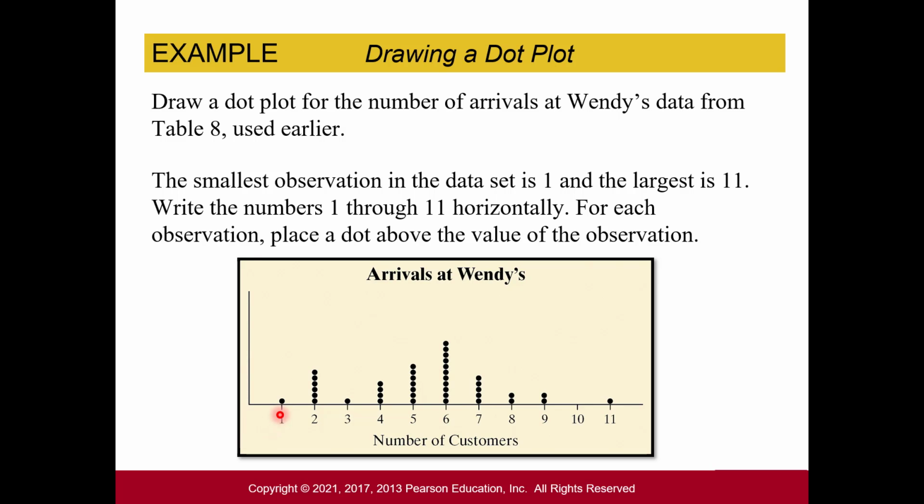For 1, there was only 1 occurrence. Remember, 6 was the greatest, so we place a dot each time we observe 6 people entering the restaurant. And then no groups of 10 came in, and then 11, the last one. So this is an example of a dot plot.